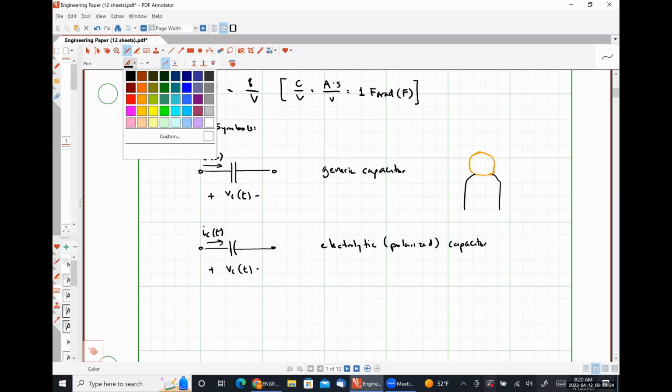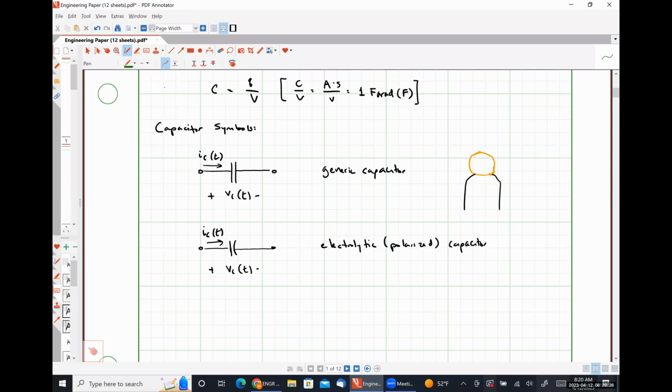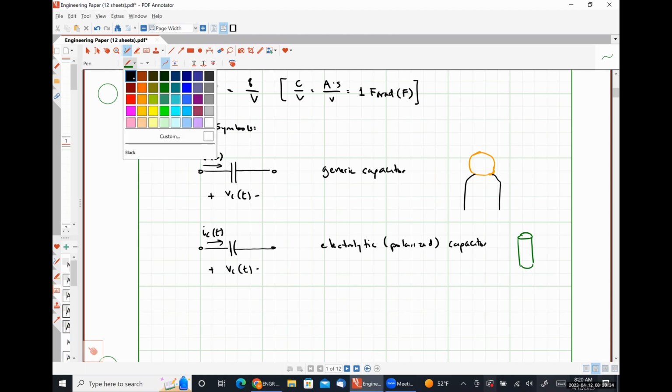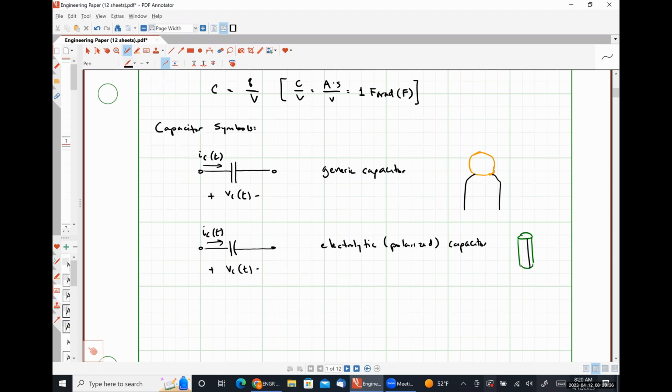Whereas a cylindrical capacitor or an electrolytic capacitor would look something like this. Imagine that there's a black stripe here telling us where our negative polarity terminal is. One leg is longer than the other.